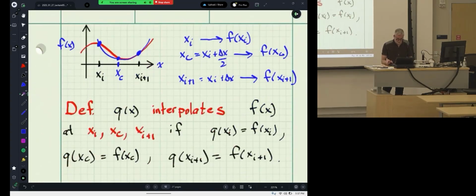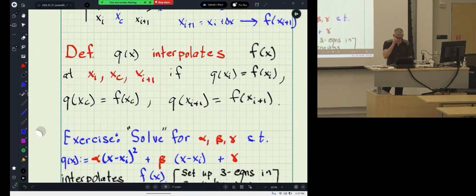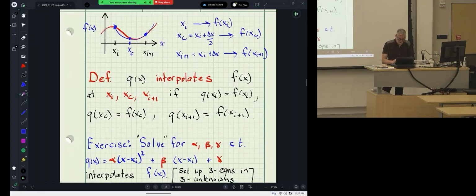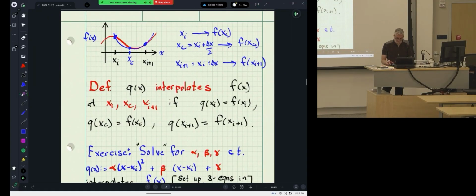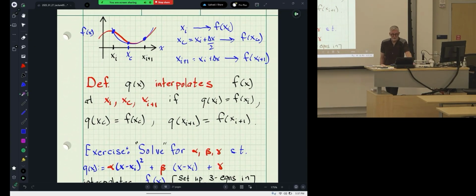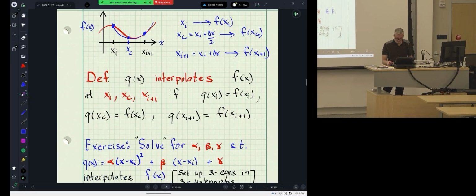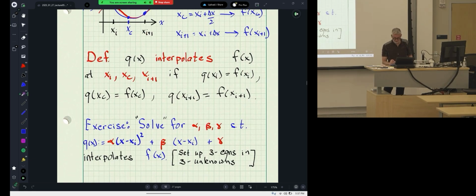So what I'd like you to do just at your desk now, your little bit of active work, is to solve for A, B, and alpha, beta, gamma such that this quadratic interpolates a function f of x.